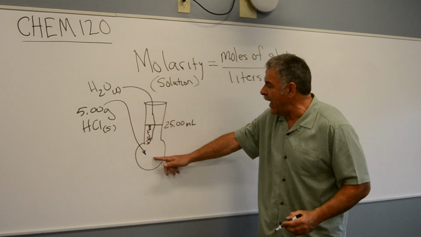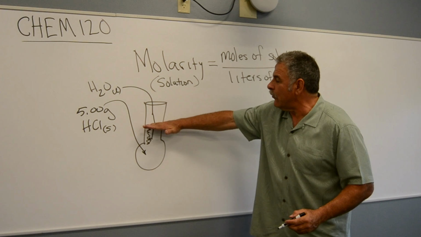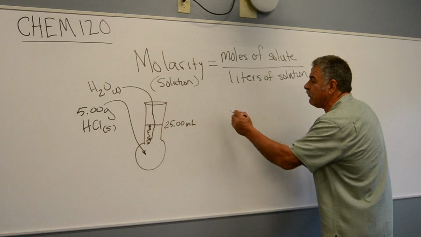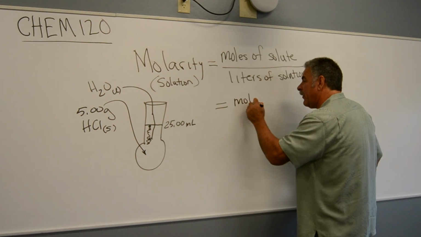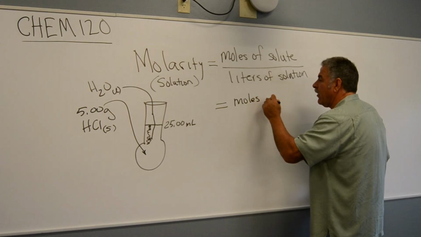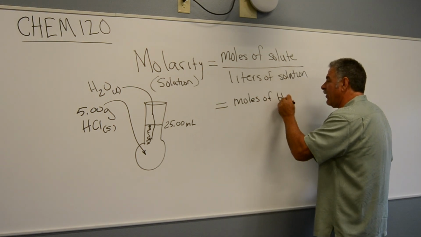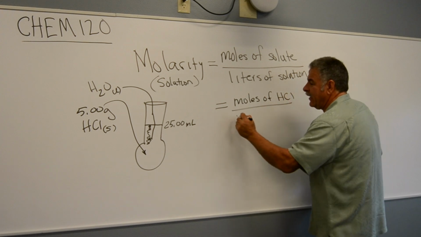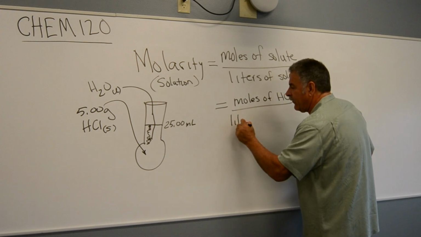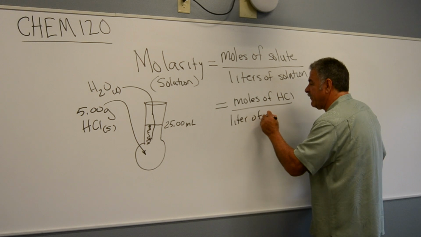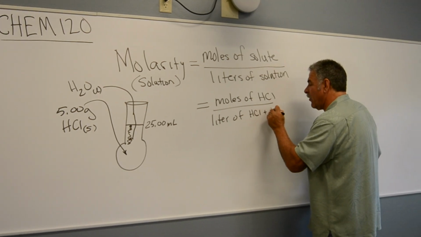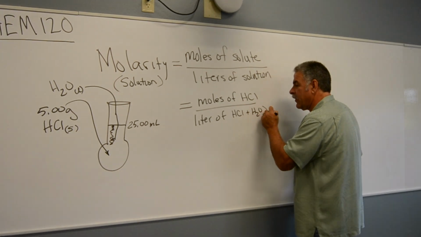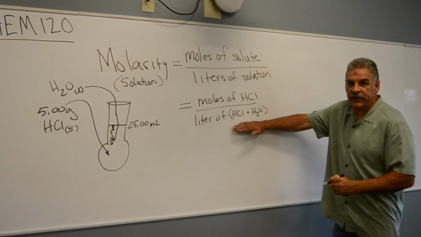We've got 5 grams dissolved into the solution. So for this molarity, we'd have moles, however much we put in there, of HCl divided by liters of HCl plus H2O, right? Or the solution.